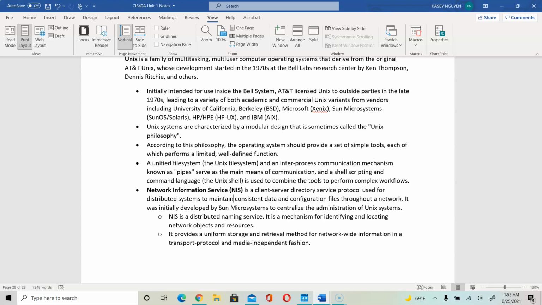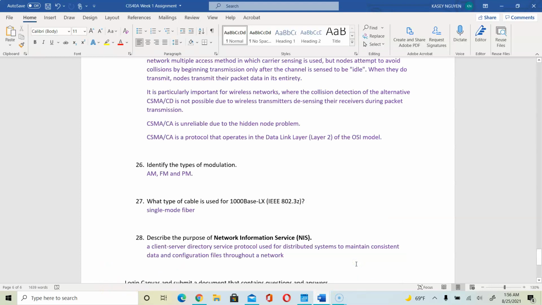We would use that to locate a certain system, devices, resources, files, objects. It would store it uniformly and also be quicker to be able to retrieve. So we can include that in our answer for the last question. Describe the purpose of NIS. Make sure we know that for the final exam and also for certification.